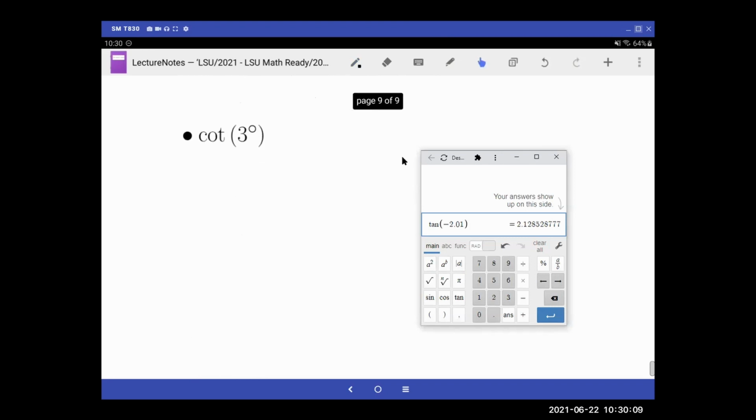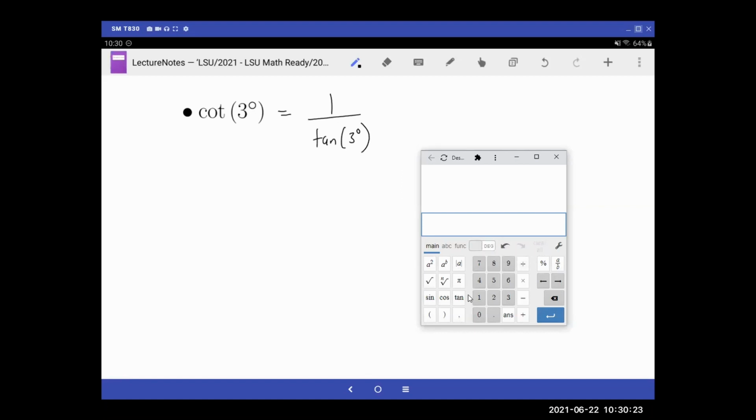All right, this one right here says cotangent of 3 degrees. So first of all, cotangent is the same thing as the reciprocal of tangent of 3 degrees. So let me find tangent of 3 degrees, switch that over to degrees, tangent of 3. And then find its reciprocal. Not sure how to do that on here. Let's see.